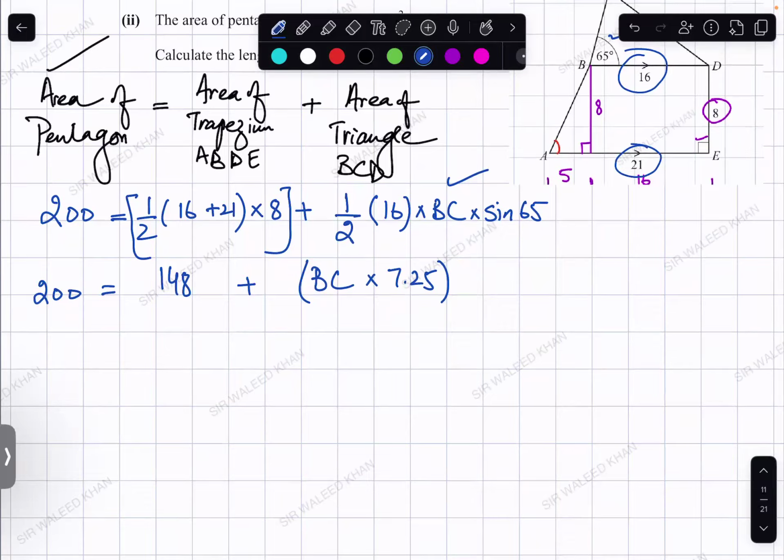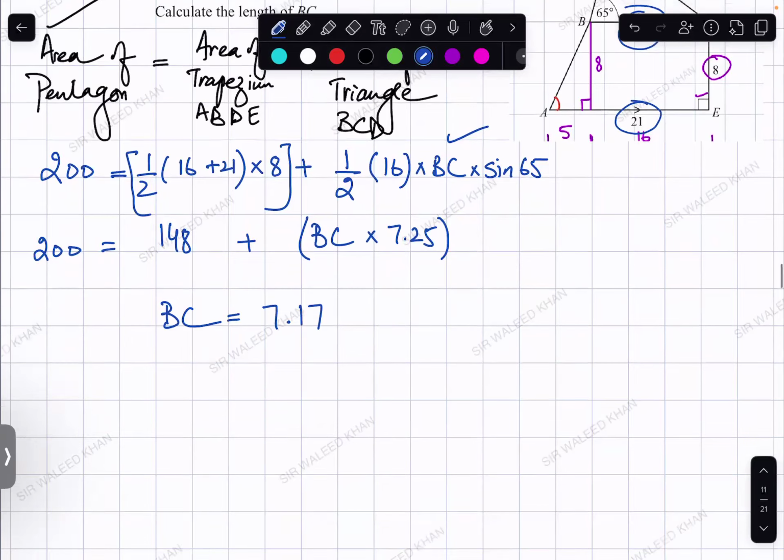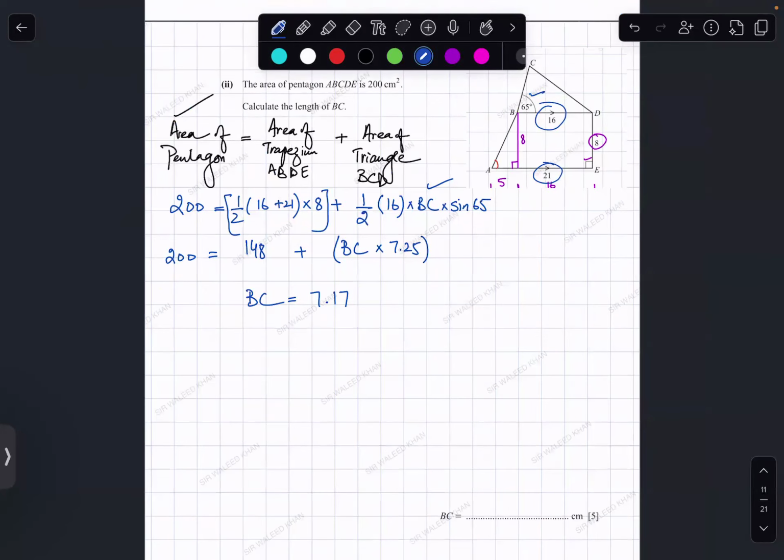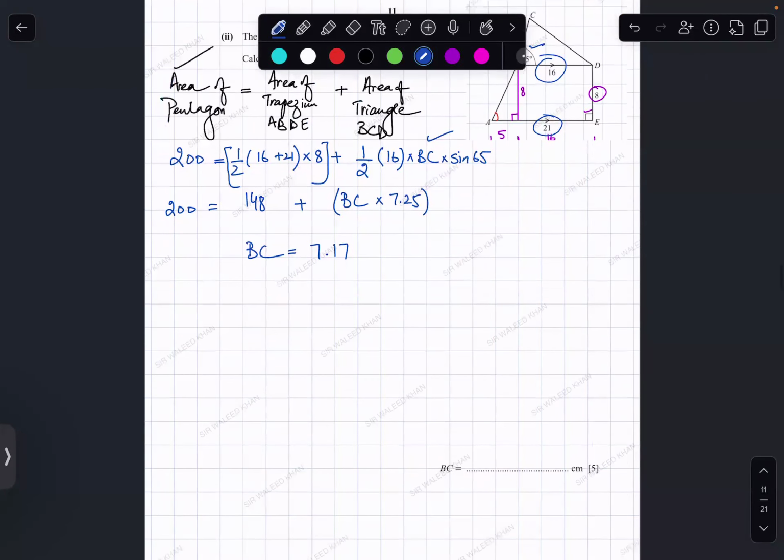Now 200, 52, and 52 divided by 7.25. We have 7.17. That's your answer.